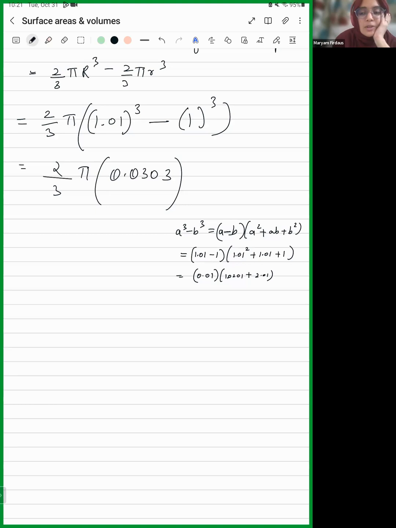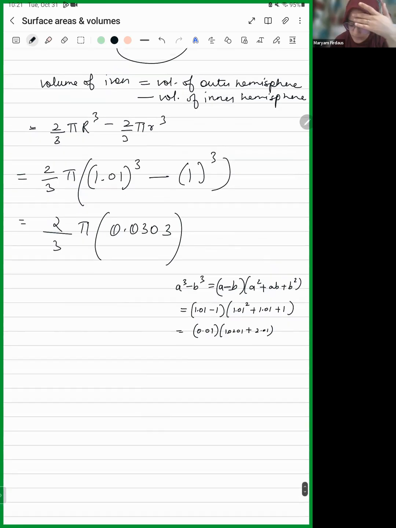Yes, Abdul Jabbar, what are you getting? No, still solving. I'm getting around 2.020201. No, I was solving the down one, the down part.